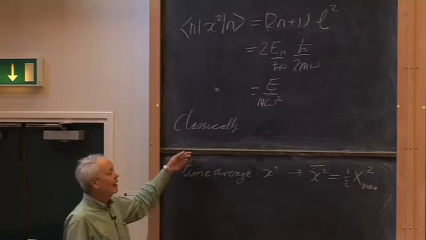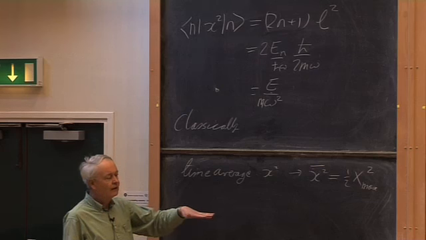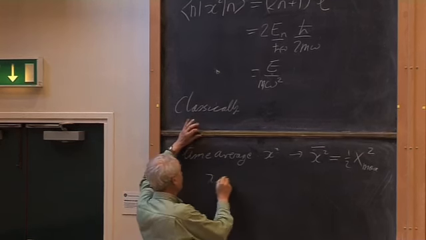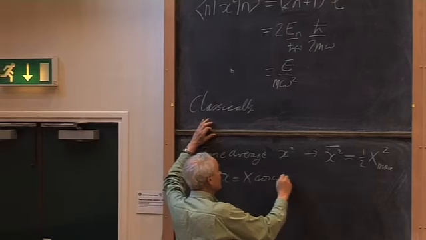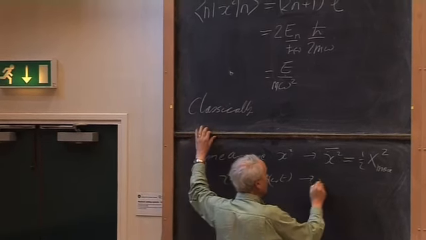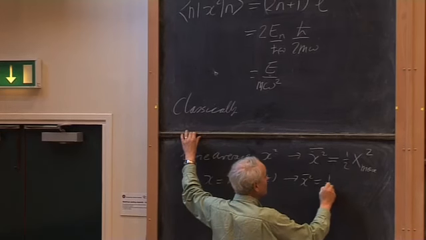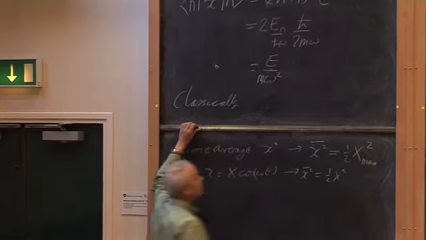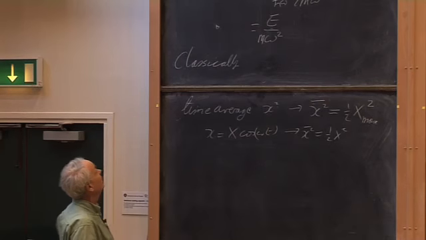The average of cos squared is a half. So if we are writing that x is equal to x max cos omega t, it follows that x squared bar is a half of x max squared, the maximum perturbation.